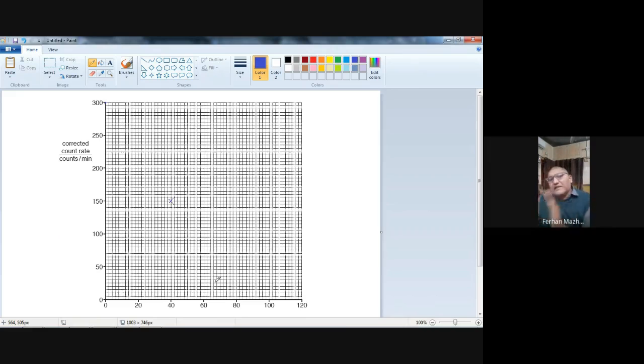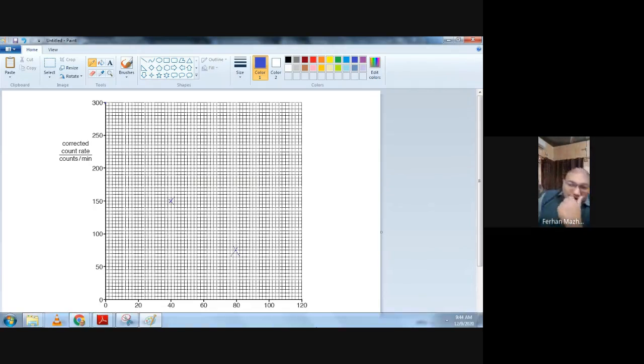After another 40 minutes, the 150 will further halve. When 150 halves, it becomes 75. At 80 minutes, it will be something like 75, between 100 and 50. Another 40 minutes will pass, and the 75 will halve.